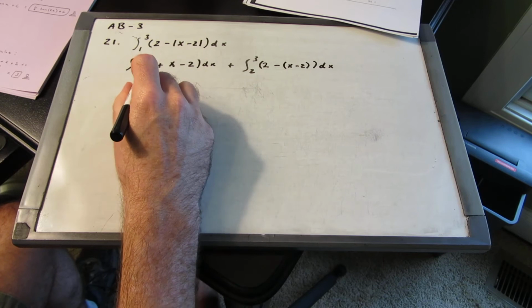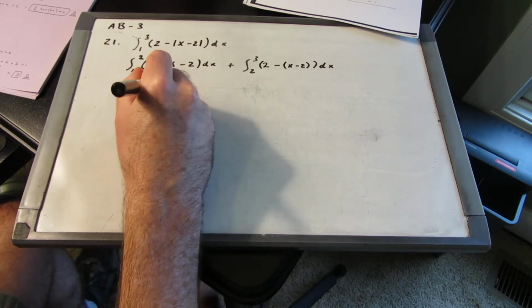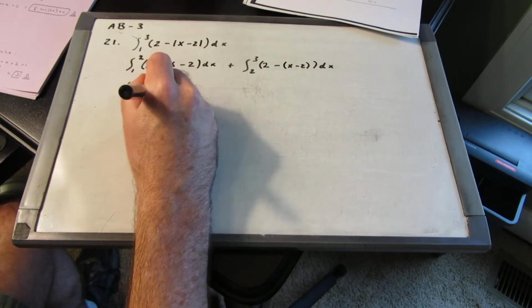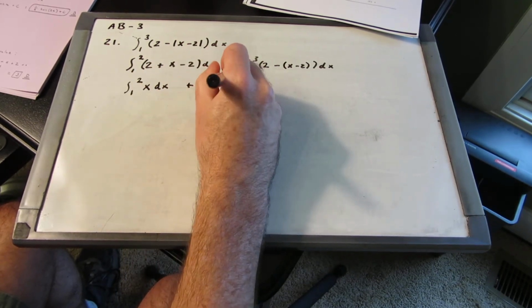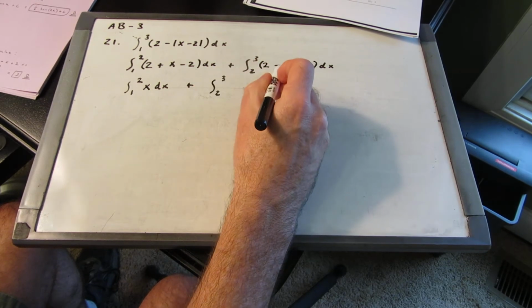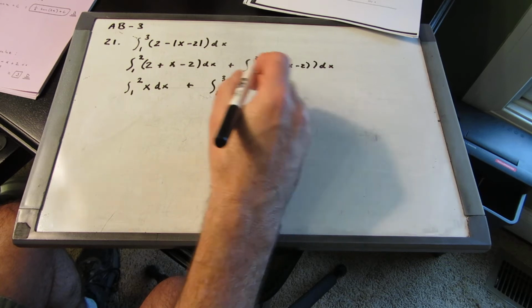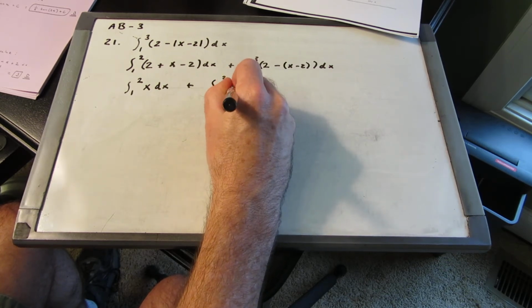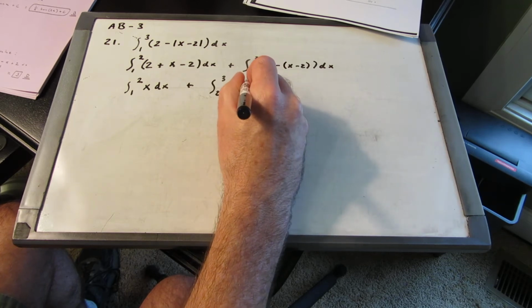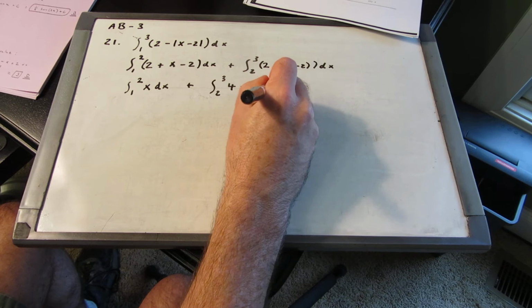So the 2 and the negative 2 go away, and we're integrating from 1 to 2 of just x, plus from 2 to 3, and then I have 2 minus x plus 2, so that'd be 4 minus x dx.